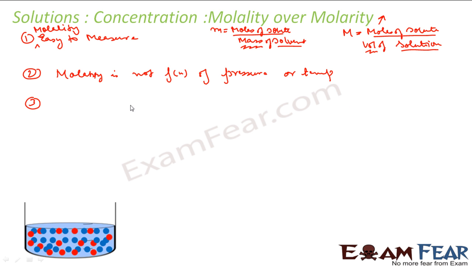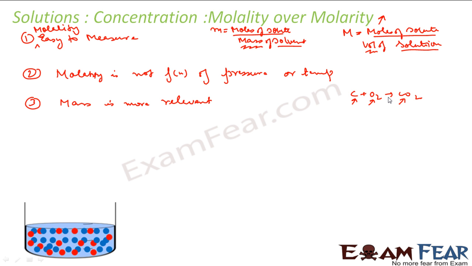The second thing is, why is molality better? Because in the chemical world, mass is more relevant. Why am I telling this? Because see, in the chemical world, if you have any reaction, for example, C plus O2 is equal to CO2. So I say 1 mole of carbon reacts with 1 mole of oxygen to give 1 mole of carbon dioxide, right?